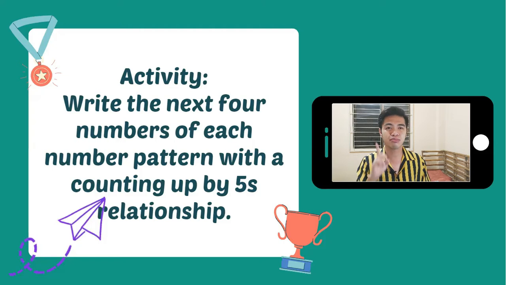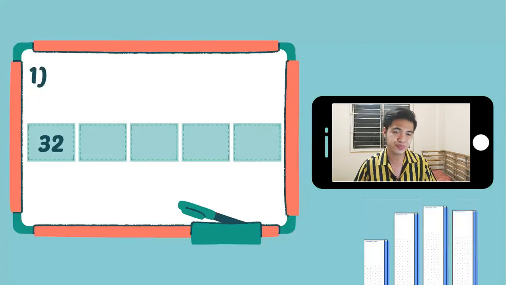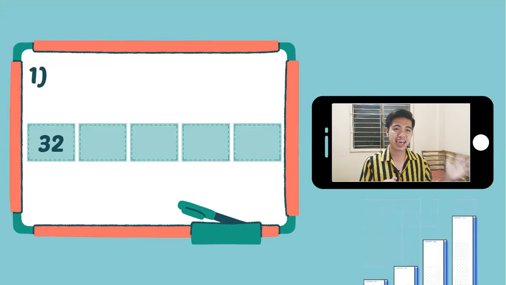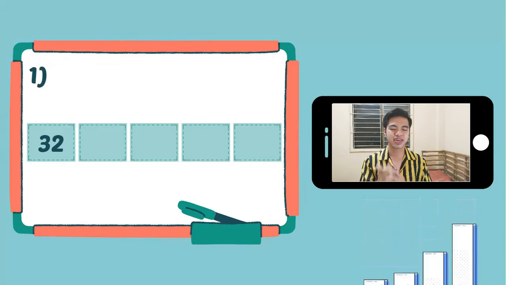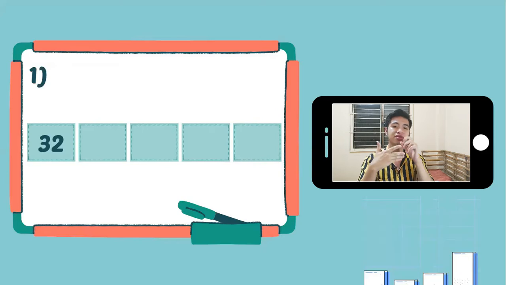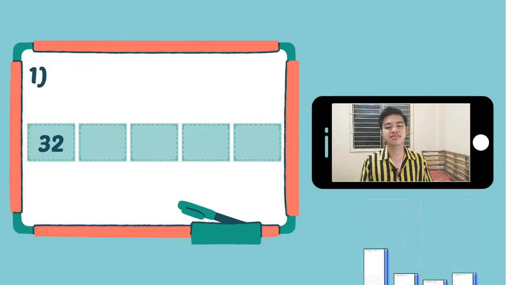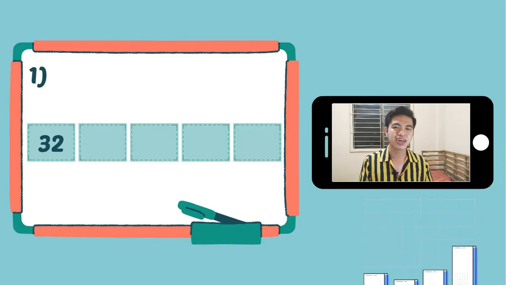So let's go to number 1. We have 32. So we will add 5 again and again. Okay? So here we have 32 plus 5. It will become 32, 33, 34, 35, 36, and 37. Therefore, the next number is 37. We got it.